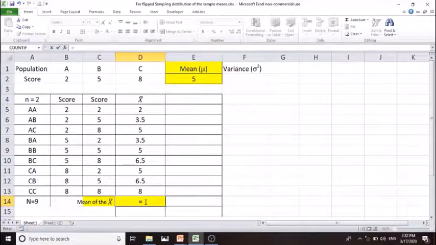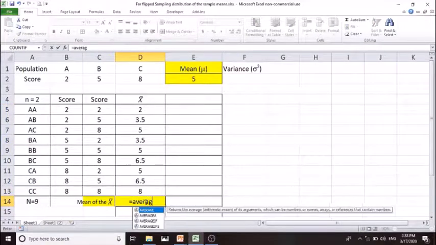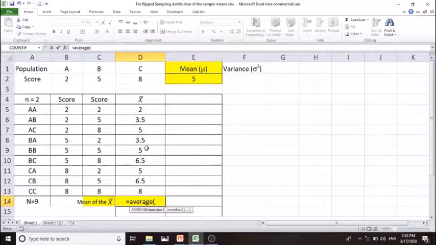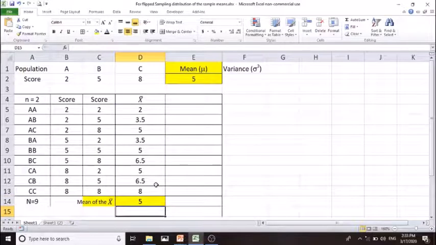Again, the average function. So the mean of the sample means is 5. Any observation? What can you conclude between the mean of the sample means and the population mean? You will reserve your answer for later.